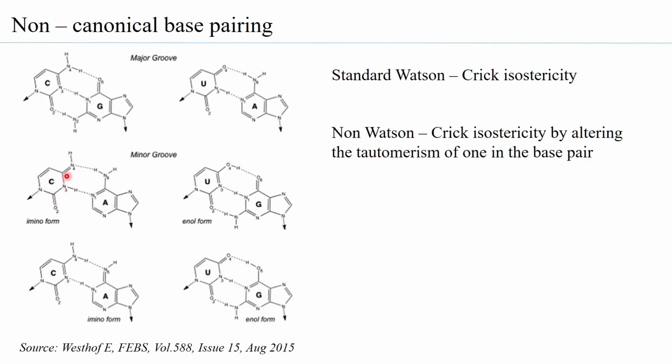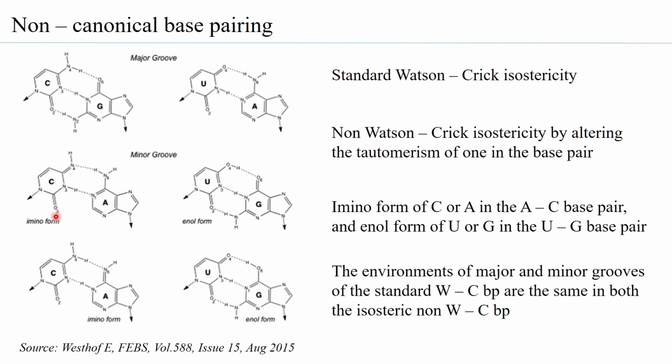But if the C or the A, either of these, is existing in a different tautomeric form, then isostericity is possible. If suppose this is in the amino form and this is also in the amino form, then you will not have isostericity. But since the amino form of cytosine got converted to the imino form, you could have isostericity.